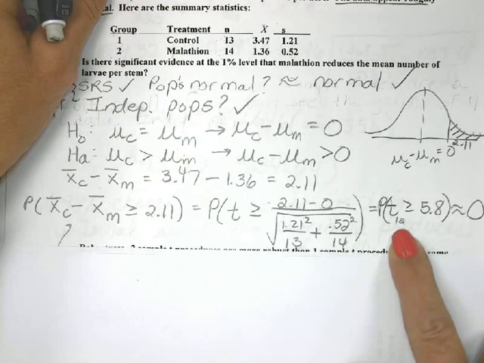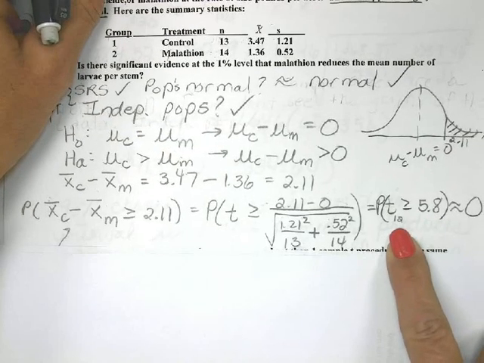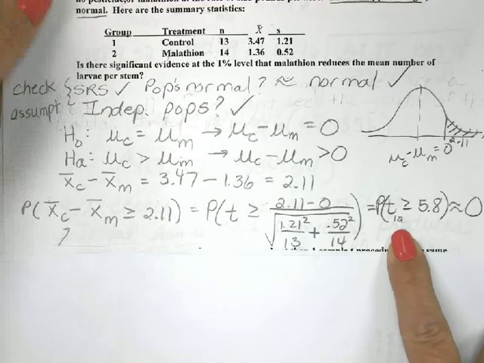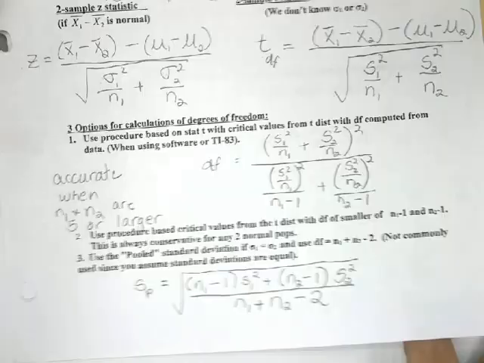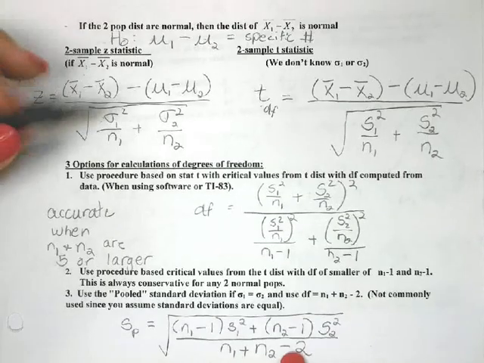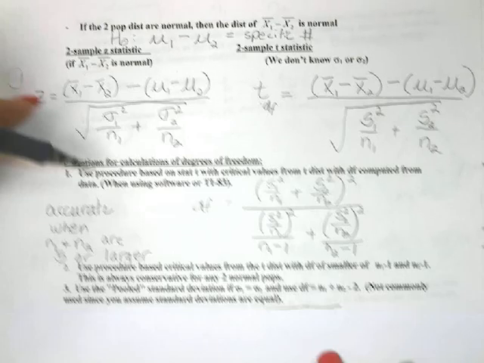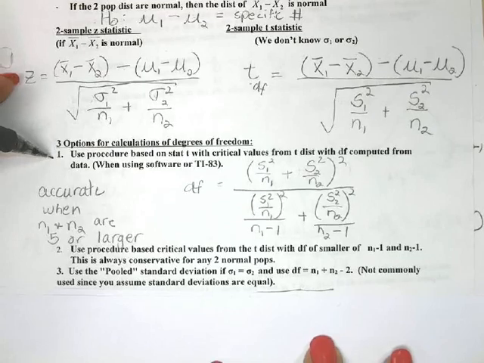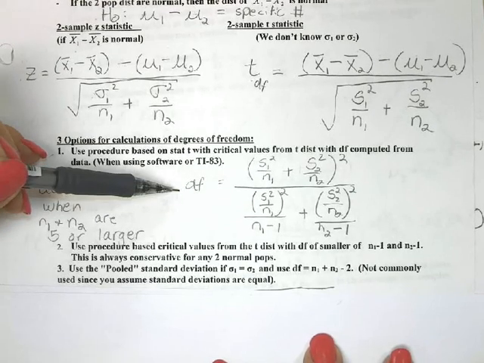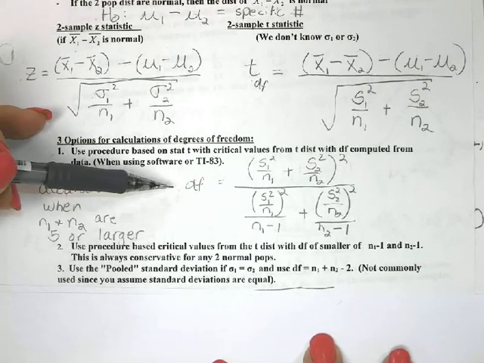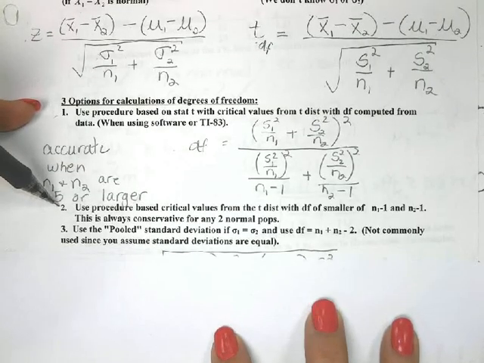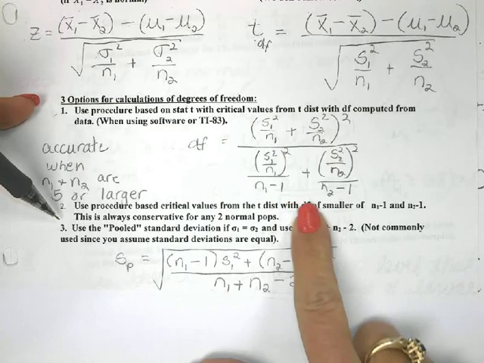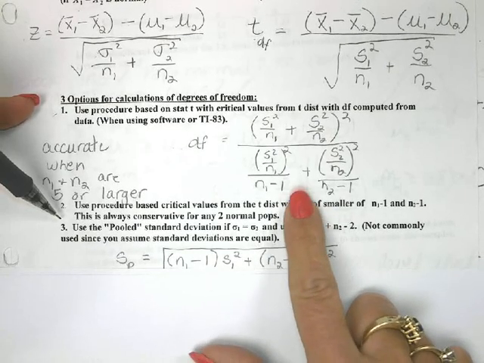Now, how did I know what to use for degrees of freedom? Well, let's turn back the page and we'll look at that. There are different ways. We're going to use the least complicated way. One way is to use this bear of a formula. We're not going to use that way. Calculating the degrees of freedom can be cumbersome.